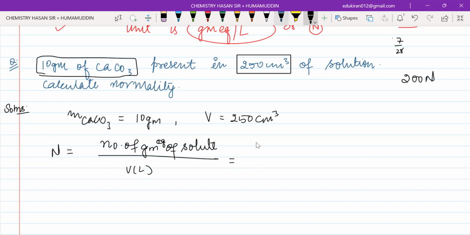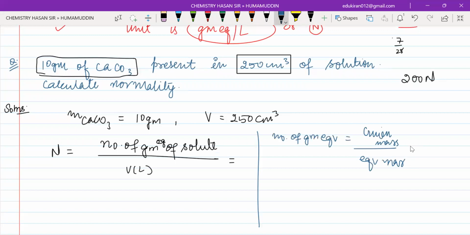For the number of gram equivalent, you have another formula: given mass upon equivalent mass. Given mass is 10, and equivalent mass you can easily calculate.